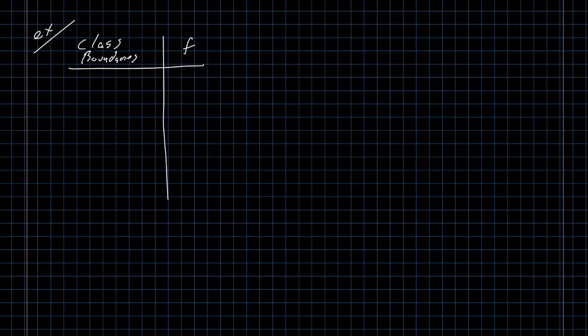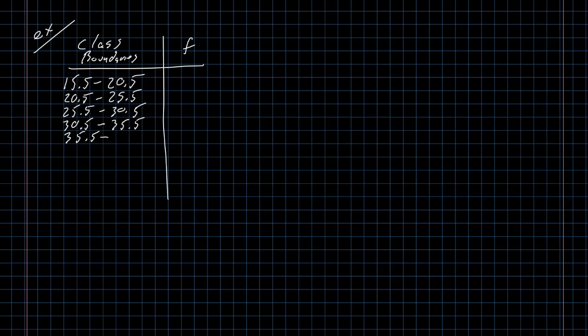And let's set up 5 classes. 15.5 to 20.5, 20 and a half to 25 and a half, 25 and a half to 30 and a half, and so on. And then for each of these classes, we have our frequencies, relatively low frequencies here all told. I'm going to have 13, 6, 4, 1, and 1.